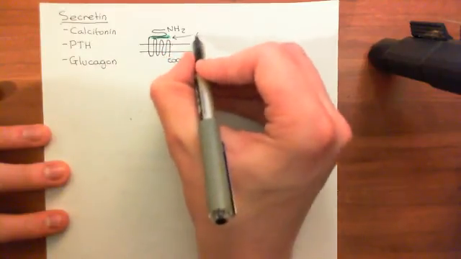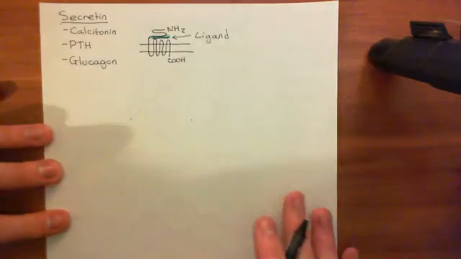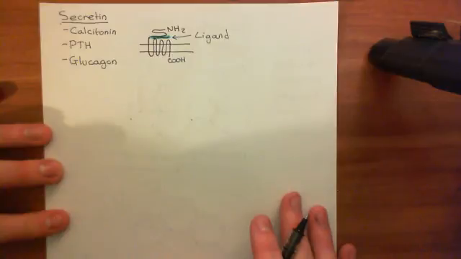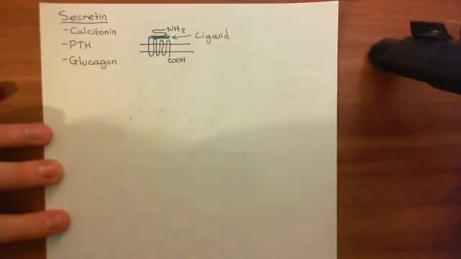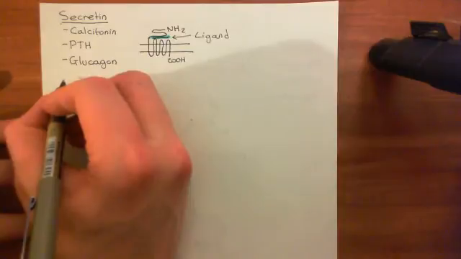So that's the characteristic feature of secretin family G protein coupled receptors, that the ligand binds between the amino terminal domain and the transmembrane domain. So that's the secretin family.